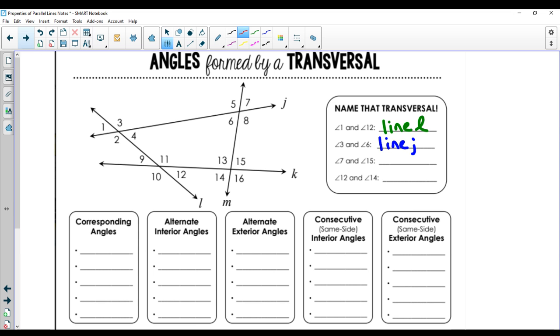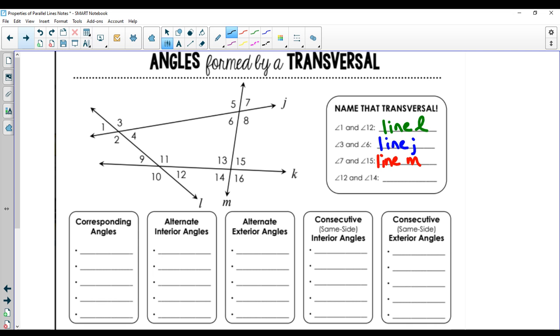7 and 15. So we got 7 and 15. Excuse me. What's the one line they're both on? Looks like this one. So that would be line M, as in M&M's, like the candy.